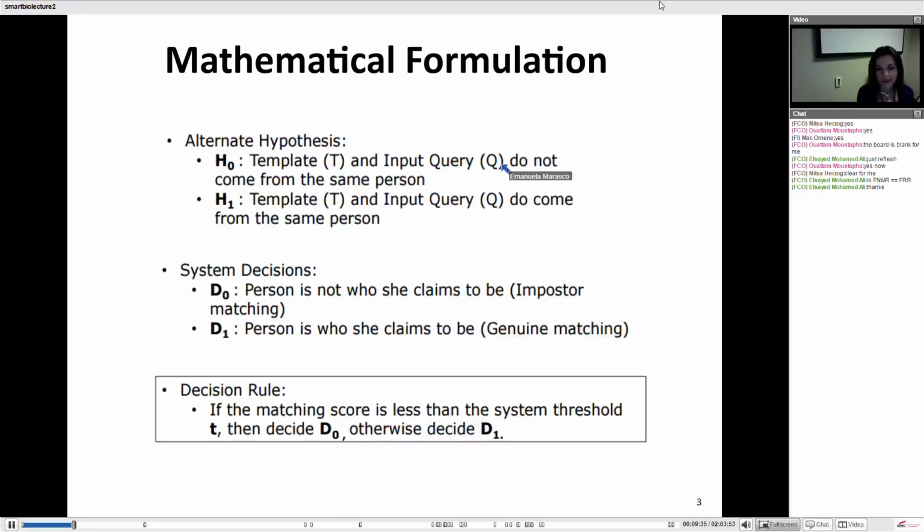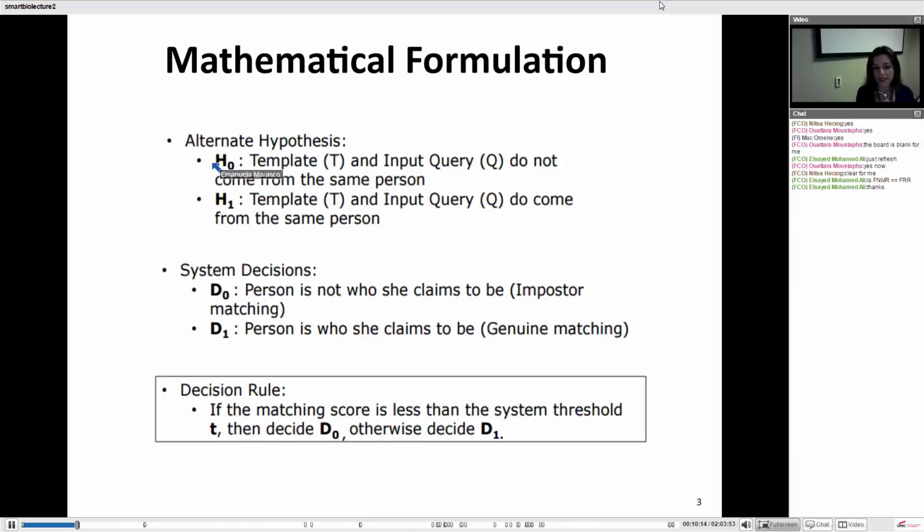If the template and the input query don't come from the same person, this is H0. Which matching is this, impostor or genuine?